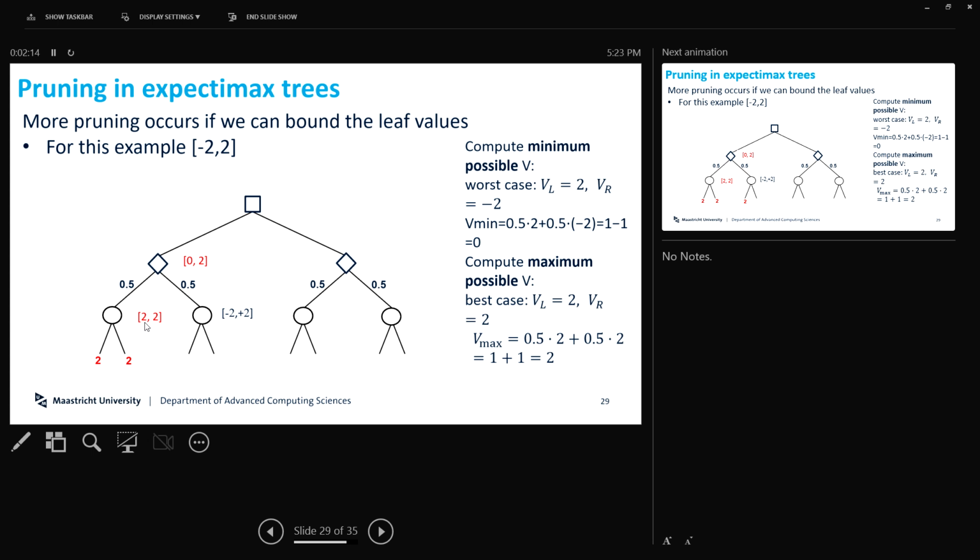On this particular branch, we know the best and the worst is going to be 2, so it doesn't really matter. But on this branch, the worst scenario is going to be -2. So if we pick 2 and -2 with 0.5 probability, 2 times 0.5 gives us 1, and -2 times 0.5 gives us -1, and when we add them together we get 0.